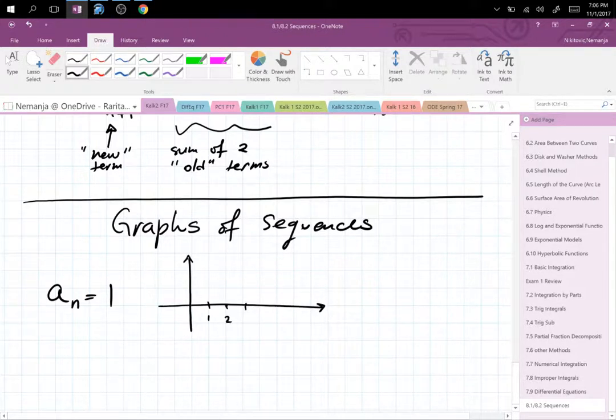You know that your inputs are all counting numbers, n. And for every n you pick, the value a n is 1. So what you get is this constant stream of ones like this. It's 1 for a0 as well.